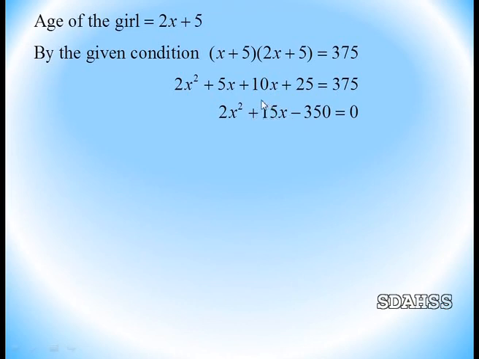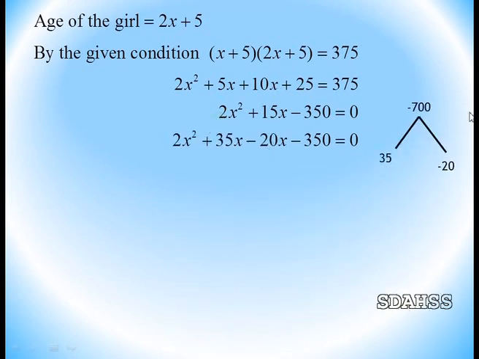Factorize. Here the sum is equal to 15 and the product is minus 700. 2 into minus 350 is minus 700. Minus 700 can be written as 35 and minus 20. If you add, you will get 15. If you multiply, you will get minus 700.